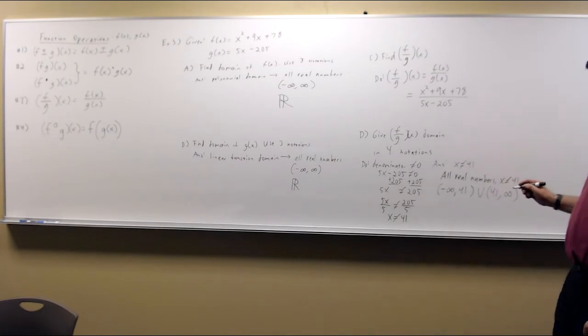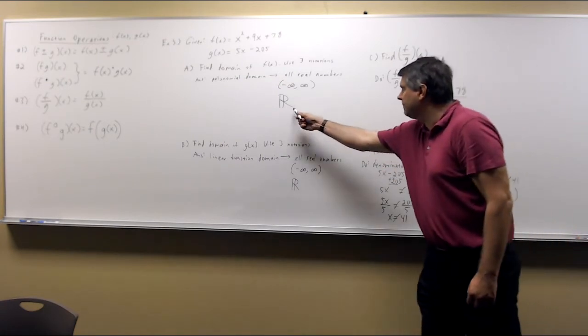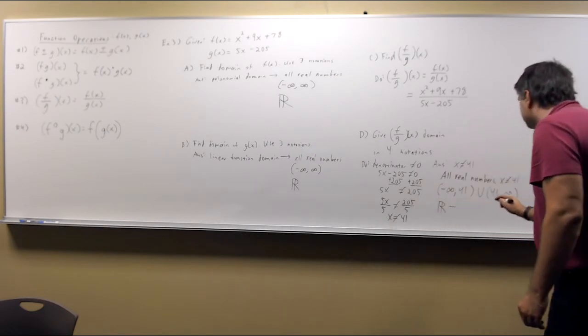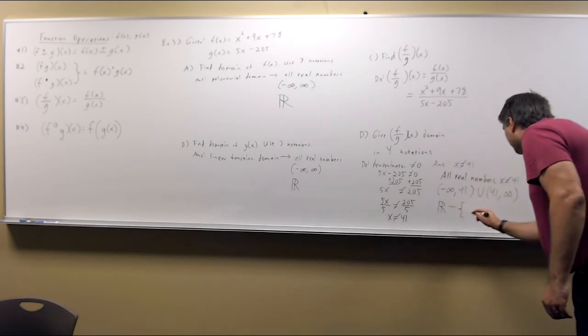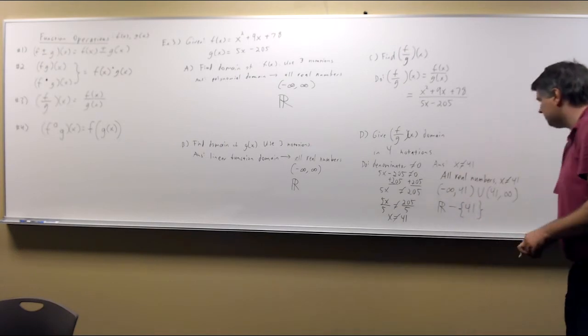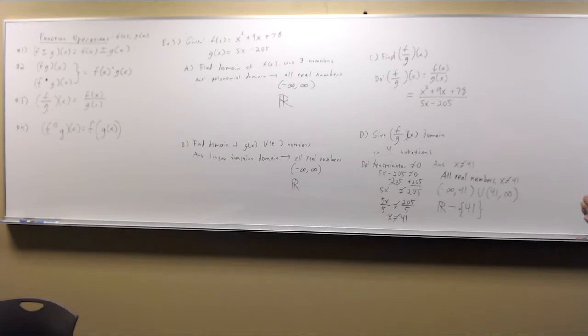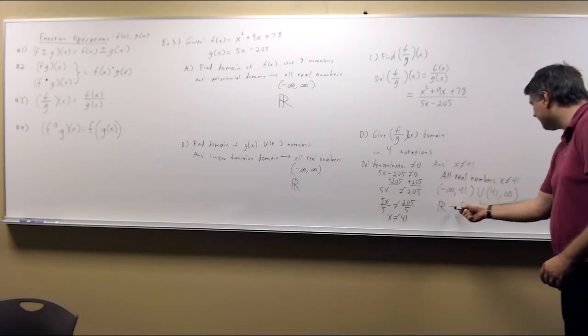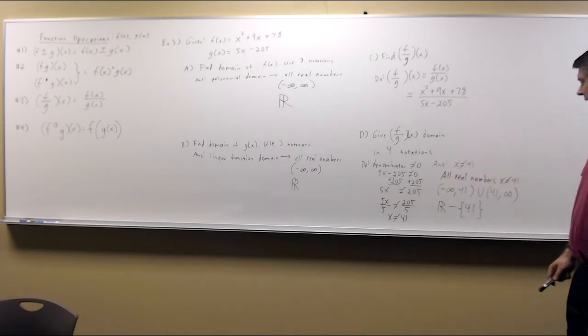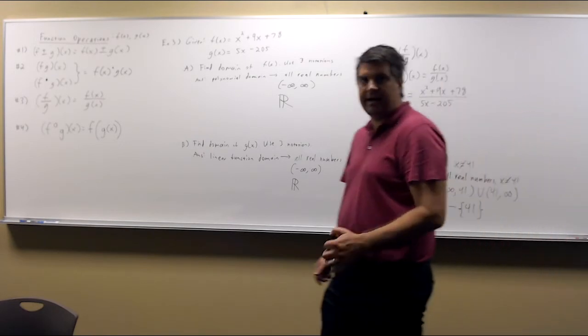And then the fourth notation is to say all real numbers minus, you're going to use a set notation brace, 41. All right, so all real numbers minus the element 41. Okay, I'm going to pause here and put up another example.